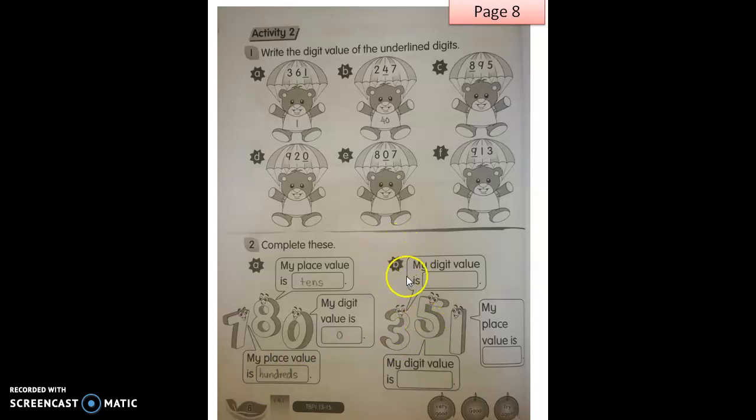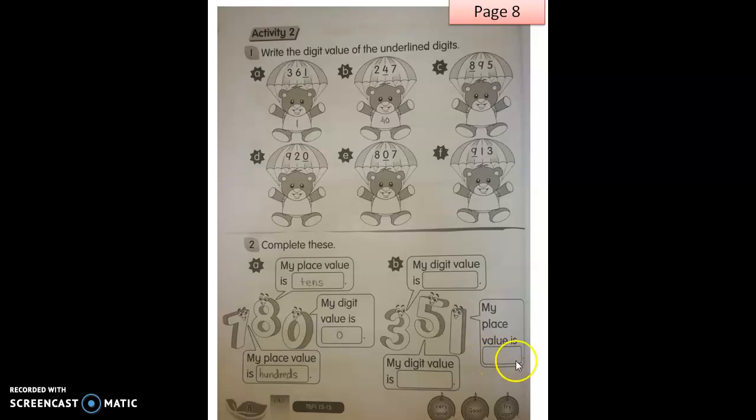Okay, you can do question B. 351. My digit value is, digit means number. 3, 0, 0. 300. My place value is place. 1.